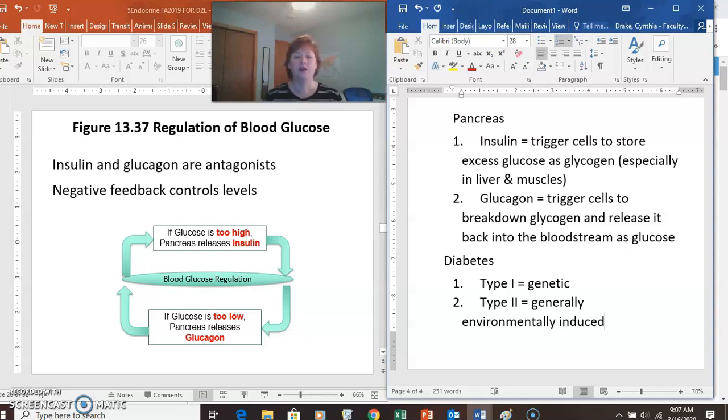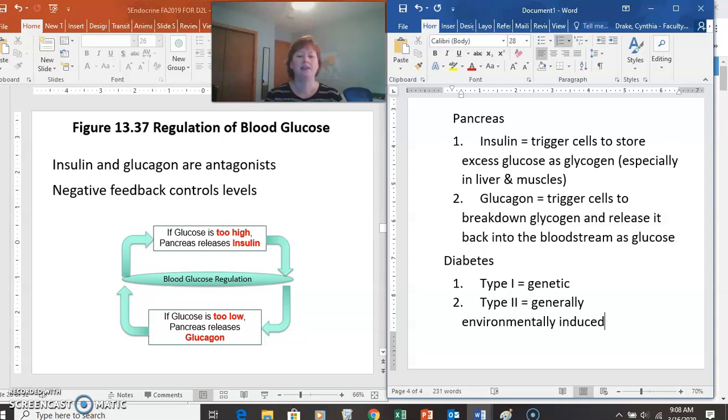However, you can also damage the cells and the body's chemistry and therefore lose receptors for insulin. If I lose receptors, then it doesn't matter if I flood the system with more hormones. It's like throwing massive amounts of mail into the postal service, but nobody has any mailboxes. So if you don't have a mailbox, you can't get your mail, right?